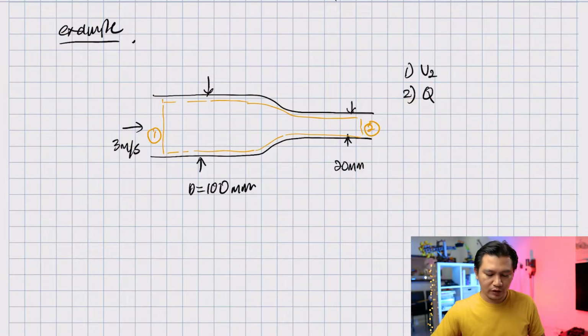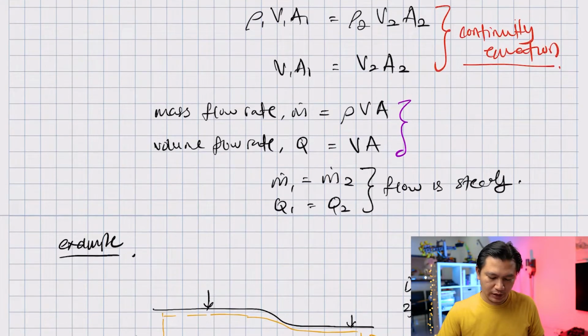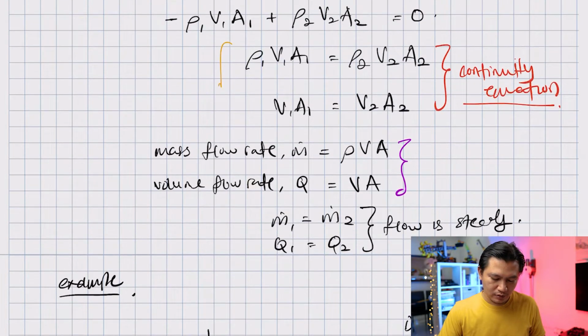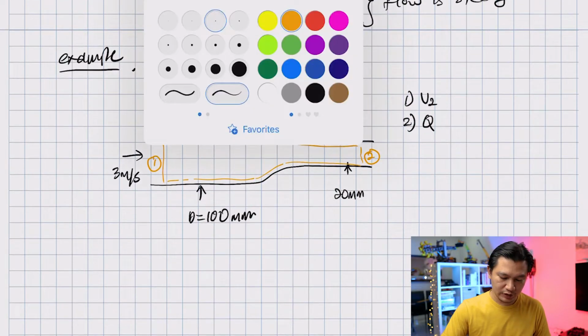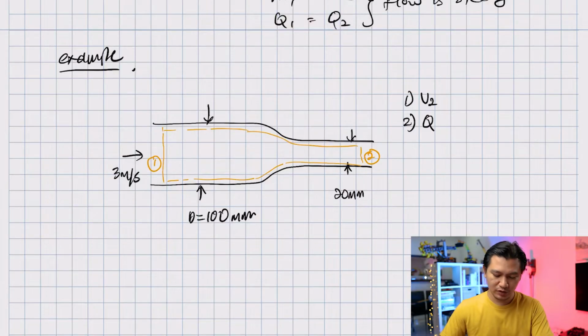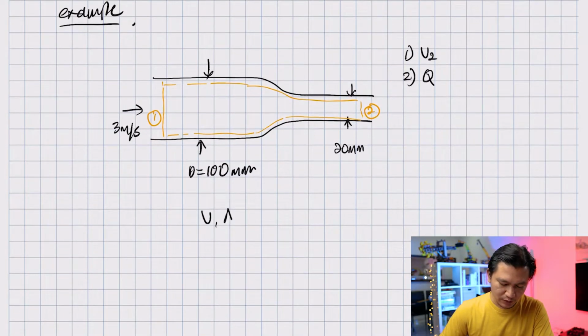Okay, and we know from these equations that rho 1 V1 A1 equal to rho 2 V2 A2, and also if density is the same, which is the incompressible flow, V1 A1 equal to V2 A2. Alright, so now let's assume that this is incompressible flow, so it's simply V1 A1 equal to V2 A2.